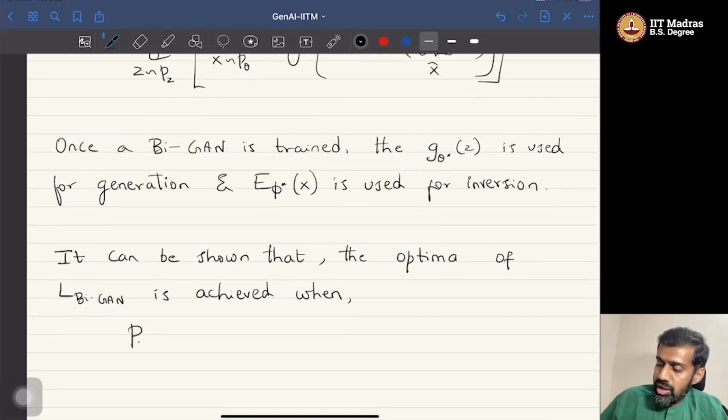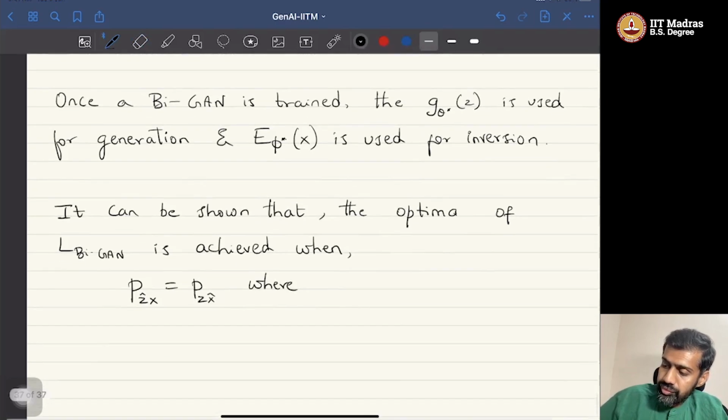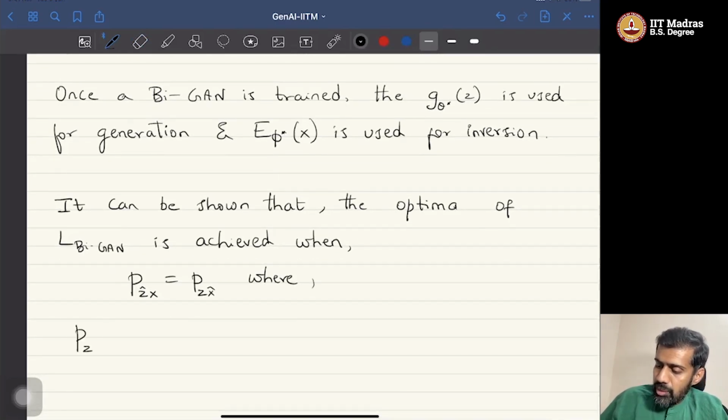the joint distribution, let's call this p z cap x, is the same as p z x cap, where p z cap x is equal to the joint distribution between px, the true data distribution, and the distribution that the encoder is imposing.